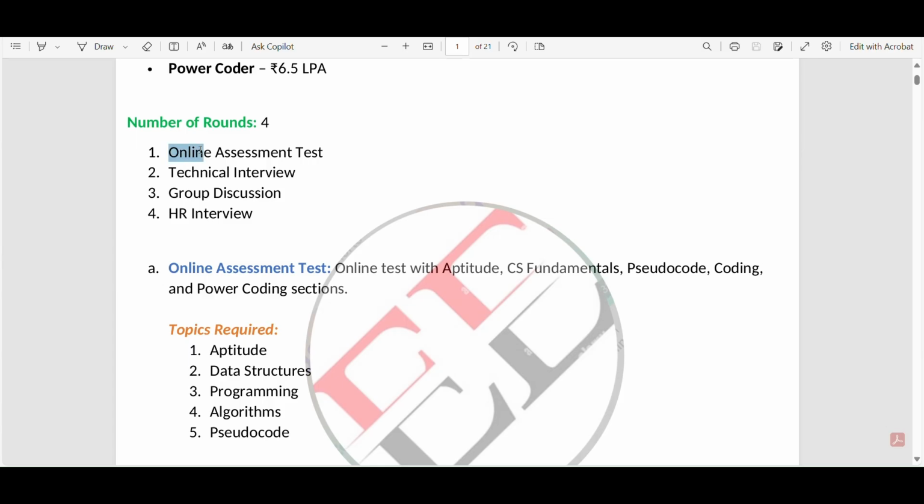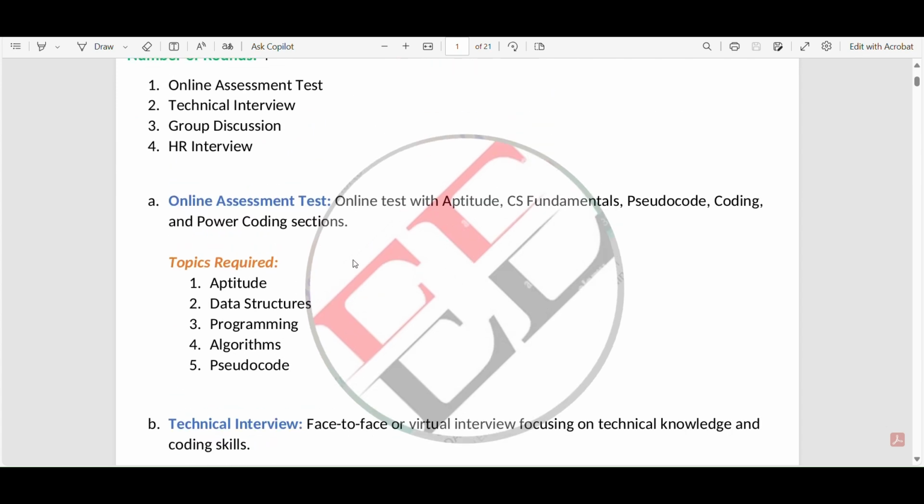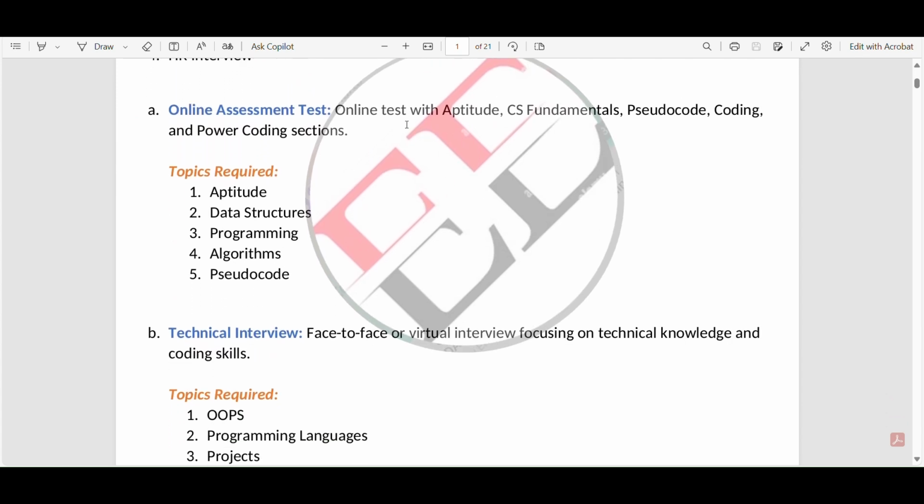Let's now get into the first round, the online assessment test. In this online assessment test, we have an online test with aptitude. The topics required to attend this test are aptitude, data structures, programming, algorithms, and pseudocode.